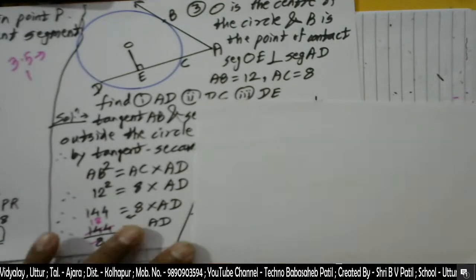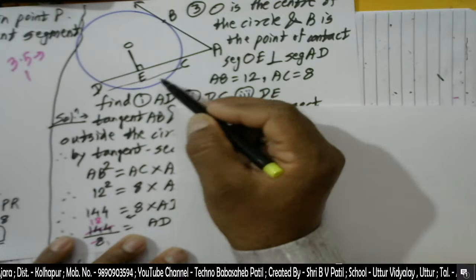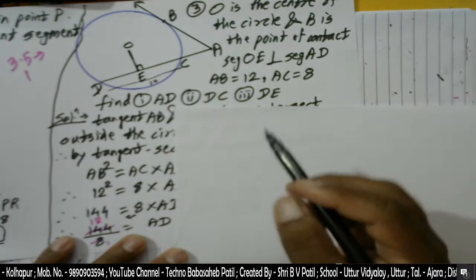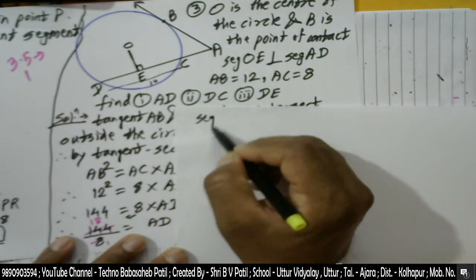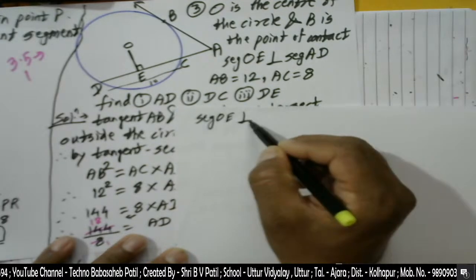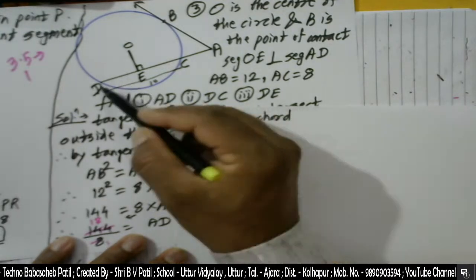And the next question is DE. Total DC is 10. Segment OE is perpendicular to chord DC.